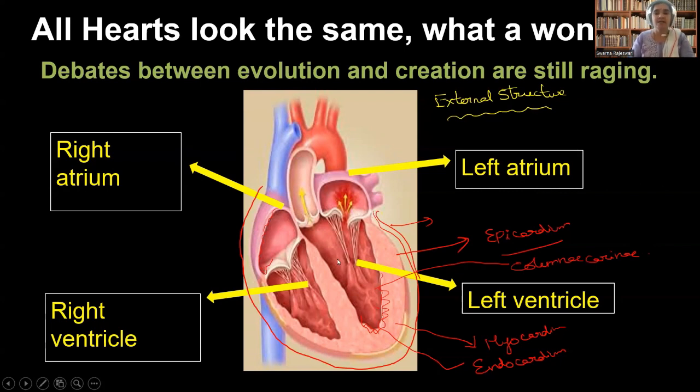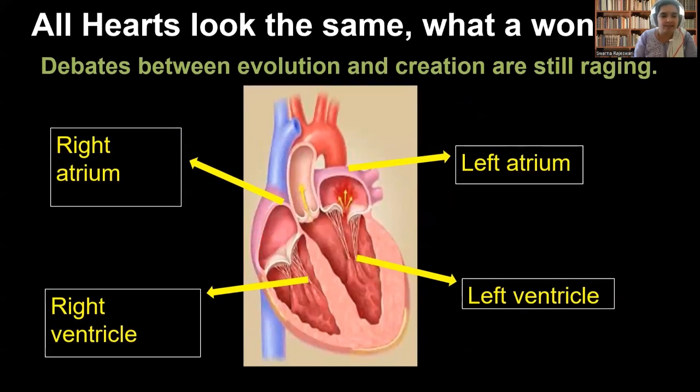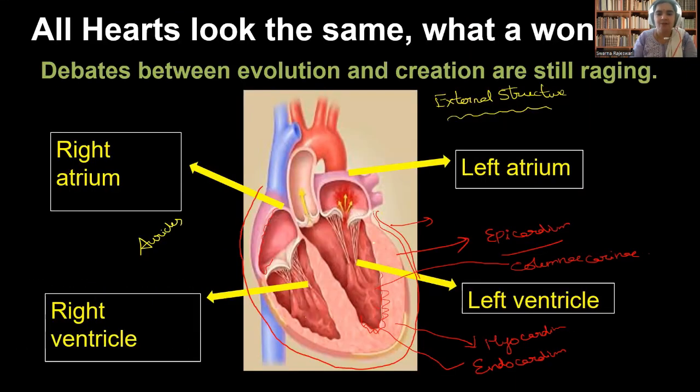When we see the structure, the heart contains four chambers. Our human heart is four-chambered, and the upper two chambers we call auricles.